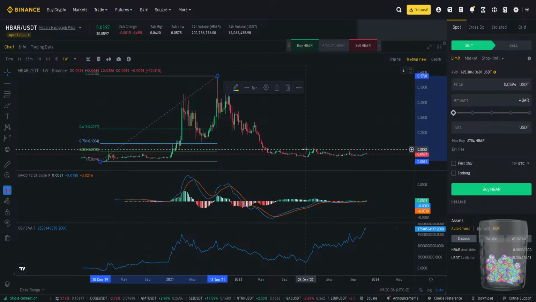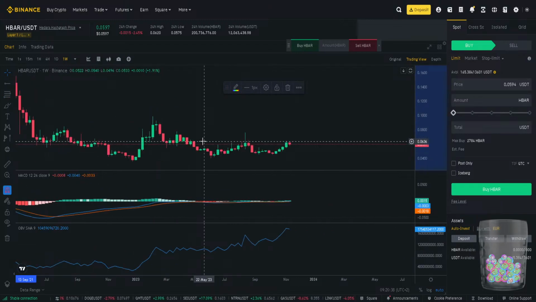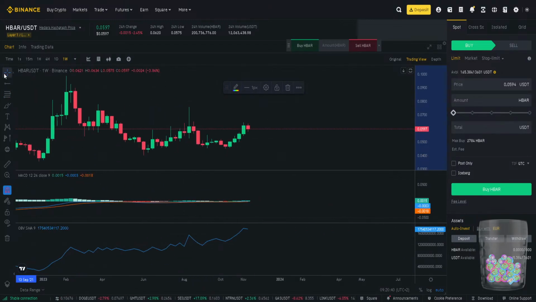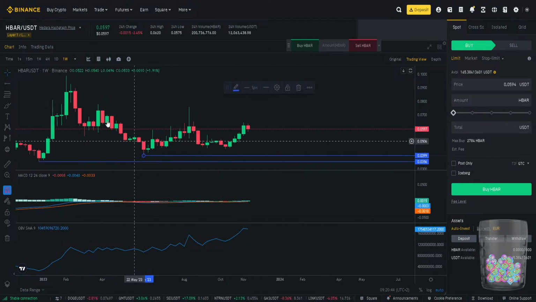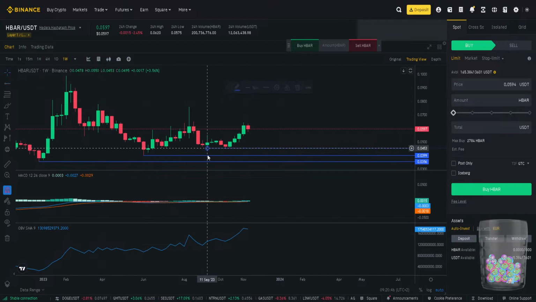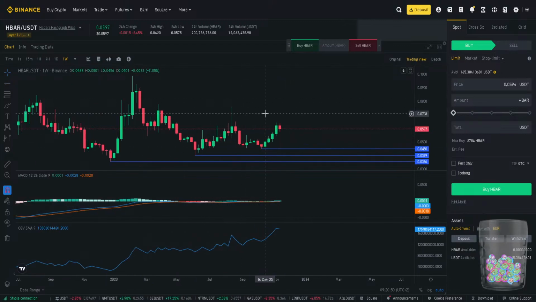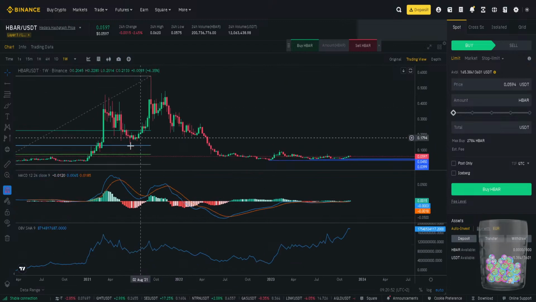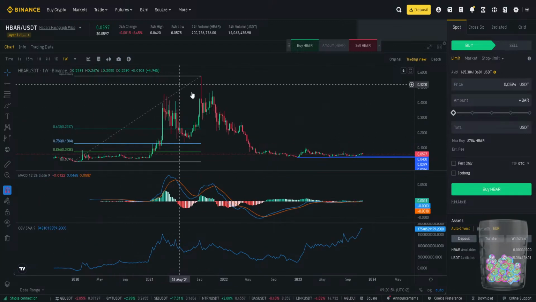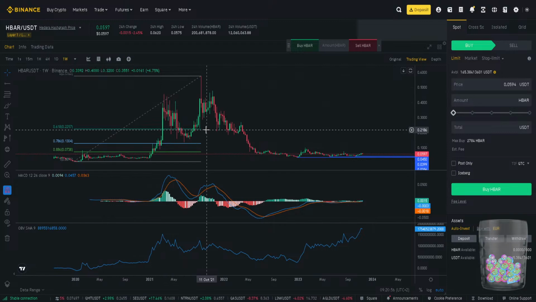So I didn't talk about market structure on Link, but market structure is just higher lows. You've got a low, you've got a higher low, and then another higher low here. So that's market structure. That's your three reasons. Location, is it 68% down from the top?